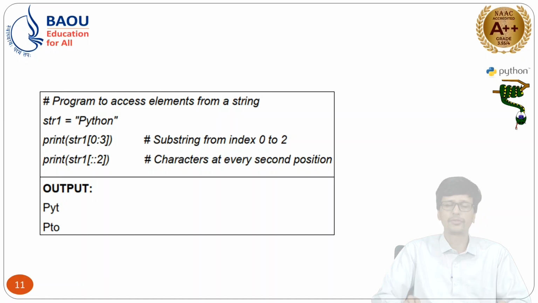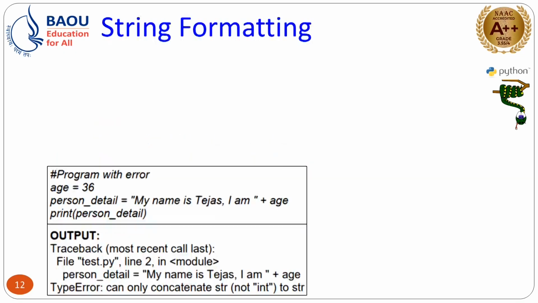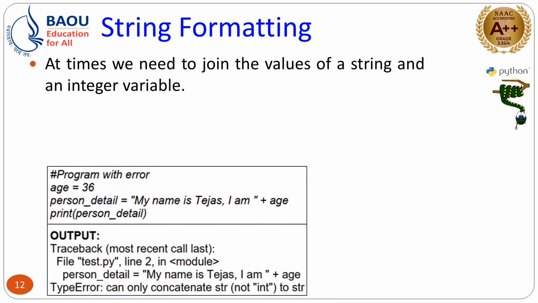That means here we are using a step size of 2. So you can observe the first character P is displayed, then Y is skipped, then T, then H is skipped, then O, then N is skipped, right. So here the interval is what you are mentioning, not the start and end index, that's why you see such a result.